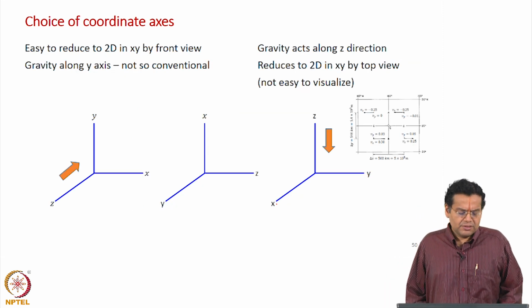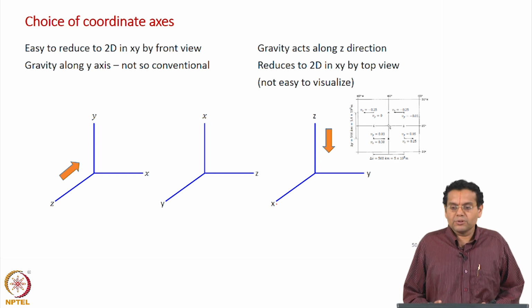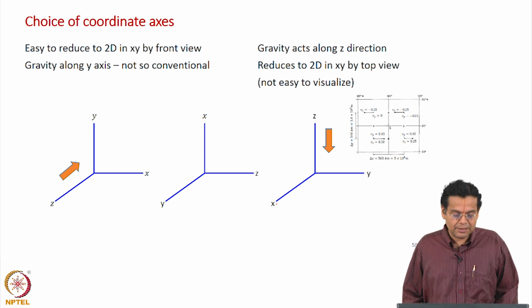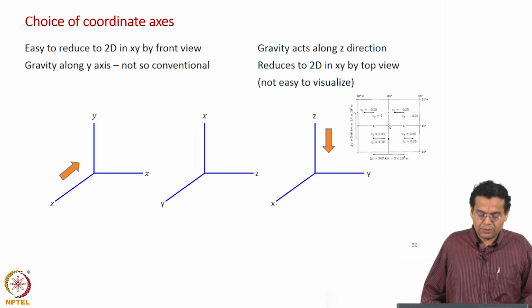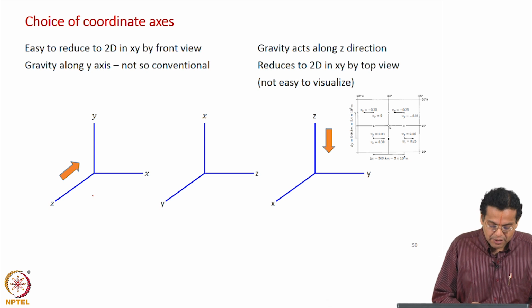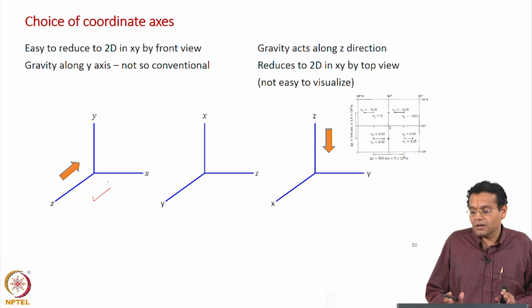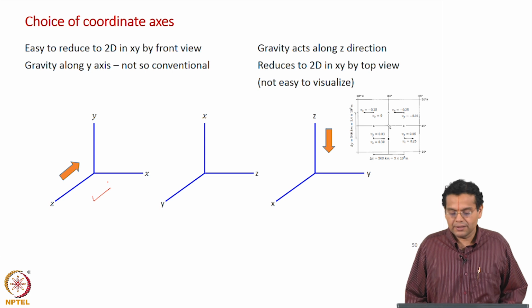Now, before we proceed to solving, we need to discuss the choice of coordinate axes. Different books use different coordinate axes, and that is relevant to this particular example. You will understand why I discuss this now. Remember, all of them are right-handed coordinate systems.